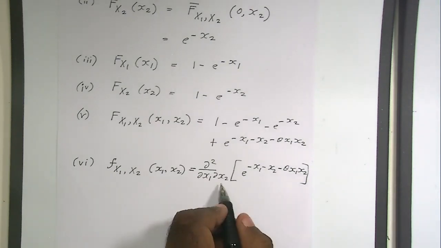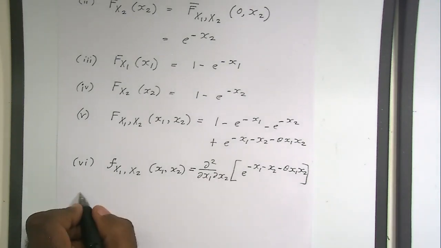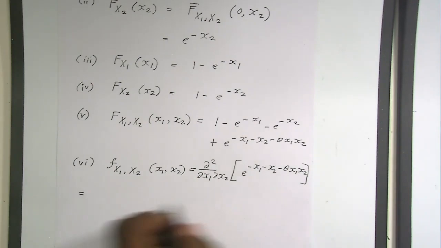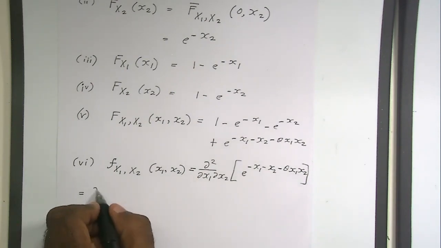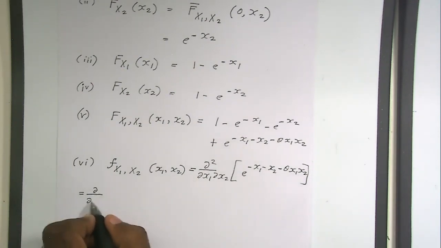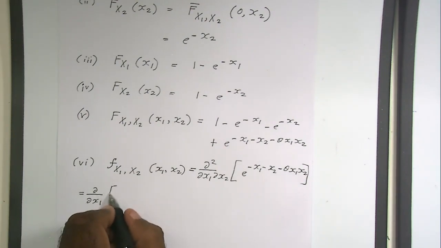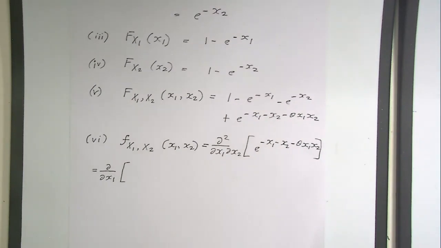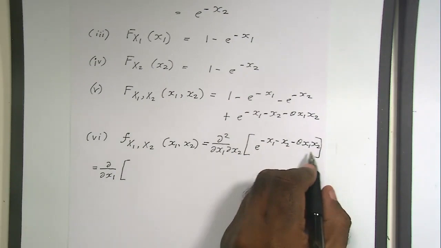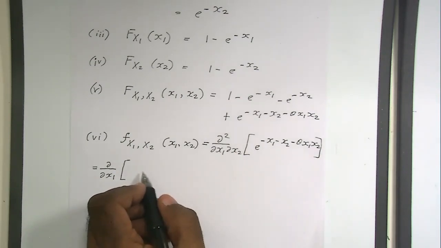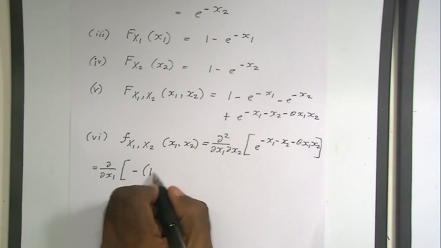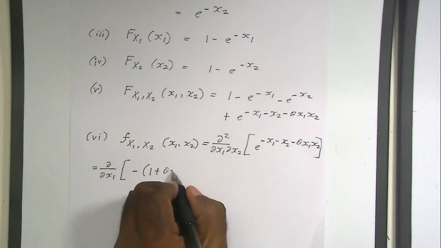So if you differentiate with respect to x2 first, you will get the following: minus 1 plus theta x1 theta.